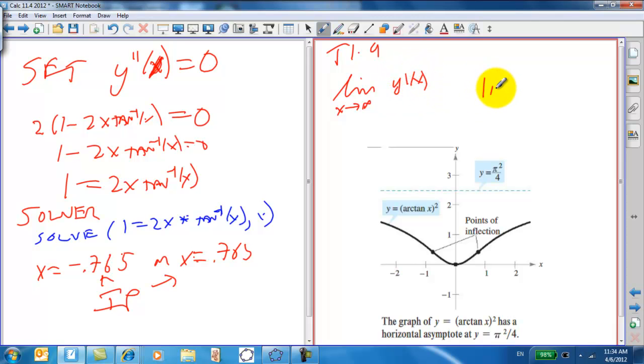So go to your calc menu, limit, y1 of x, x going to infinity. Let's see what it says. Sure enough, the calculator agrees, and it says the limit is pi squared over 4. It also gives you the same answer for going to negative infinity. So there's your horizontal asymptote, points of inflection, and you get a minimum here at 0, 0.